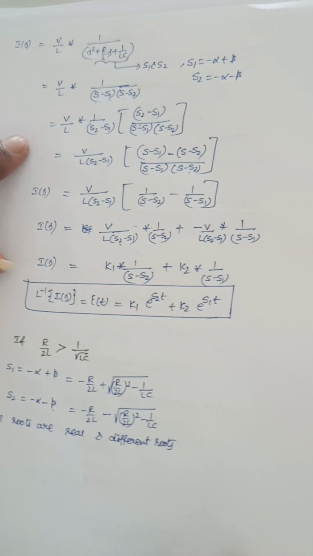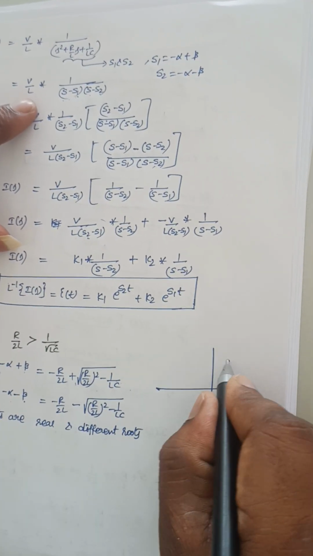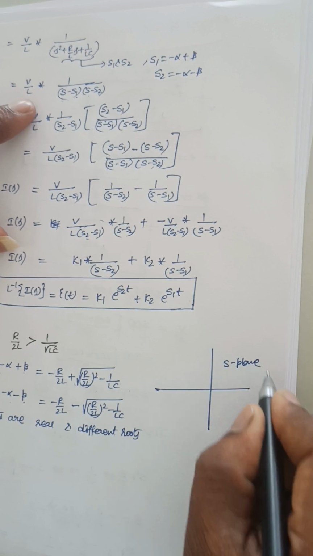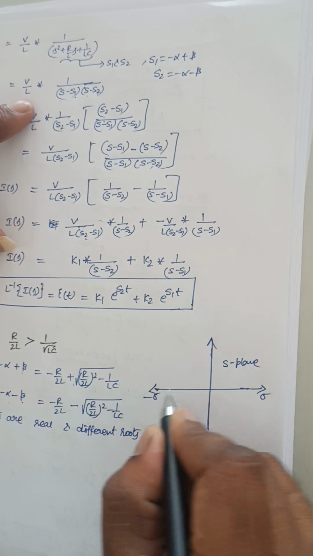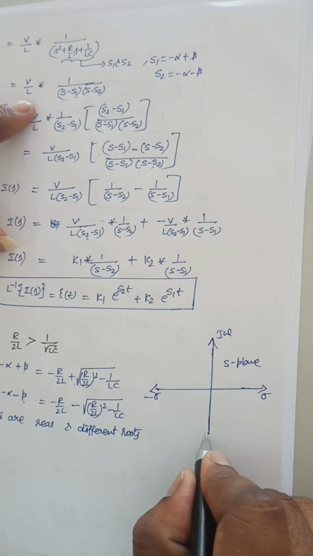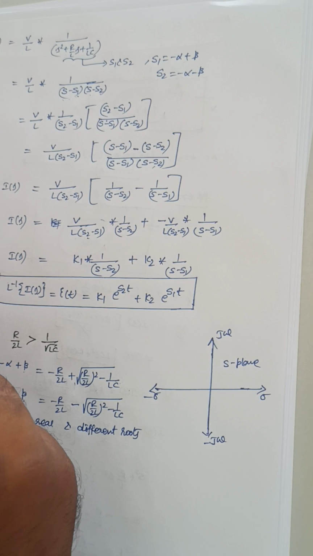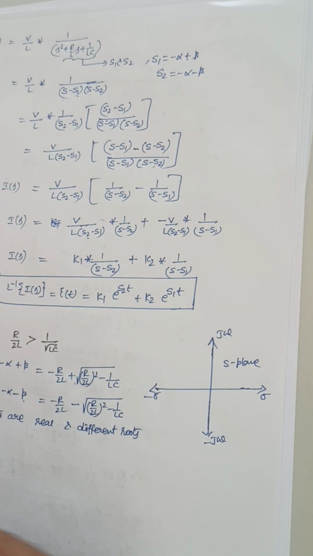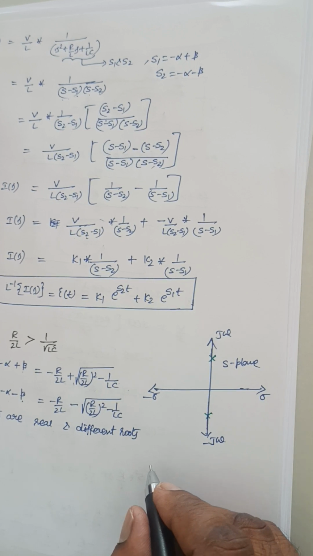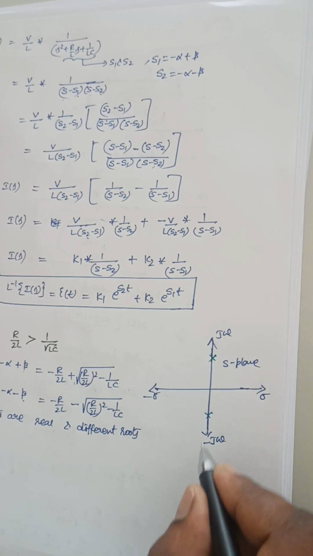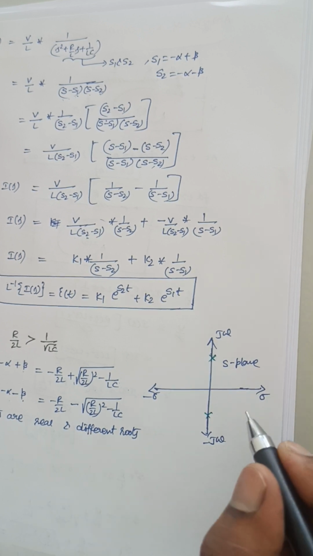I already explained this for the S-plane: real axis, negative real axis, imaginary axis, negative imaginary axis. If the poles are located on the imaginary axis, then the system is an undamped system.